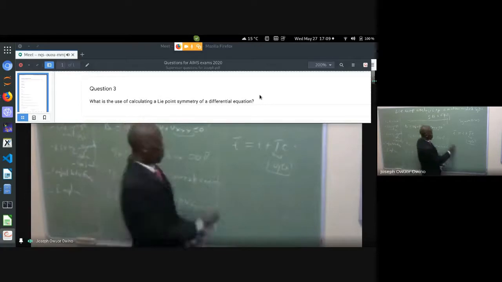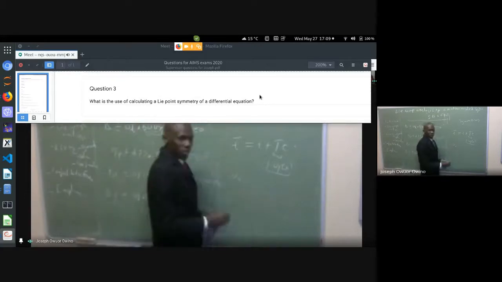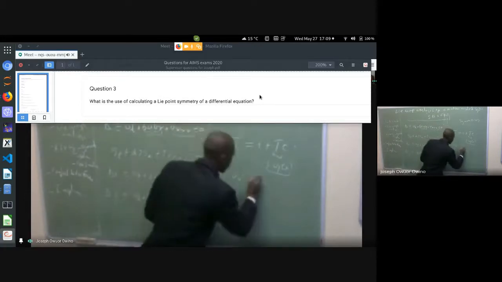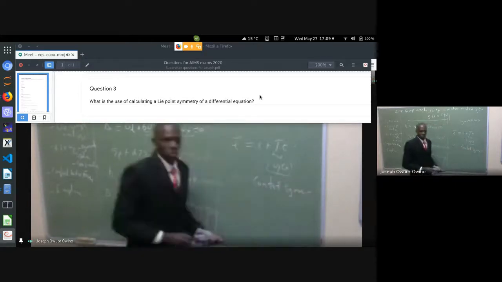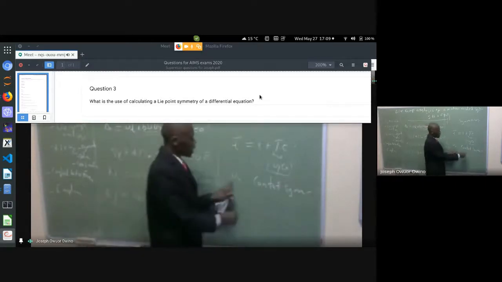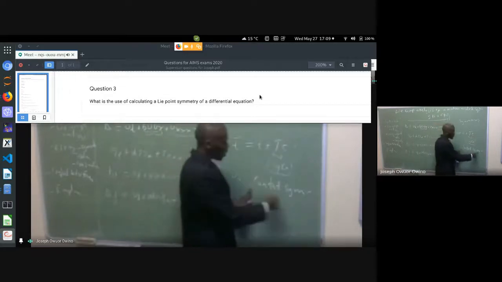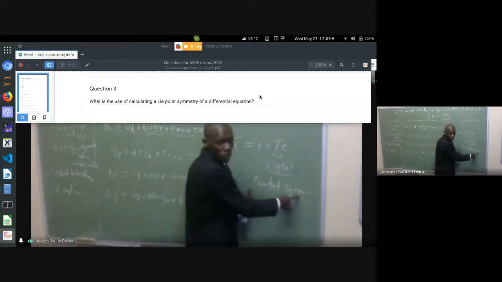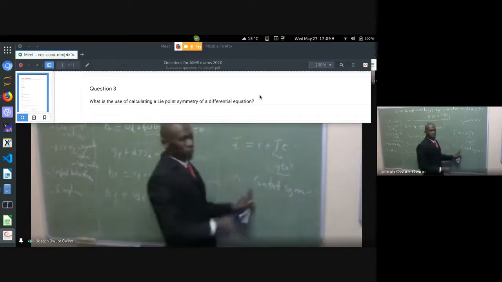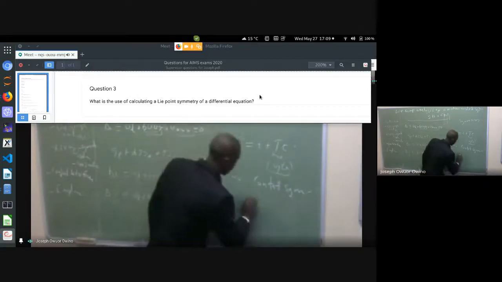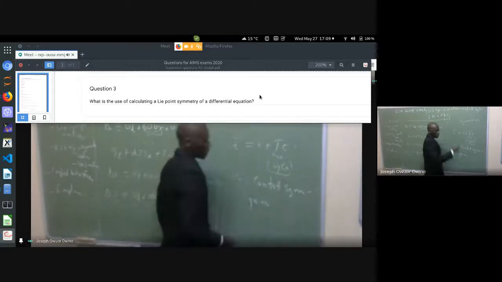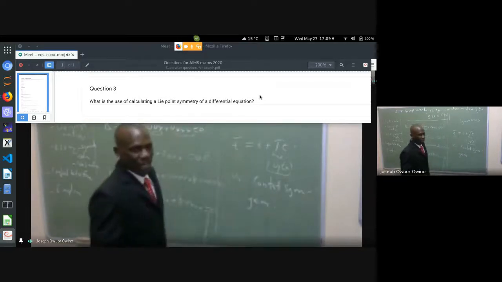If they depend on the first derivatives, then you get what we call contact symmetries for the equation. But if they depend on higher order derivatives, then you get what we call generalized symmetries, or some people call them Lie-Backlund symmetries.